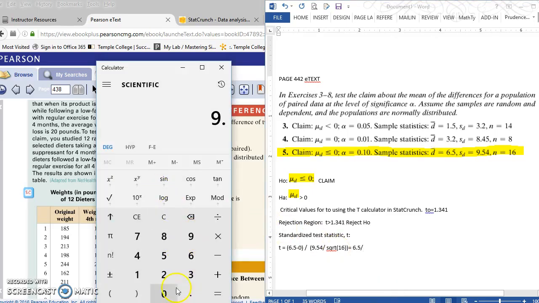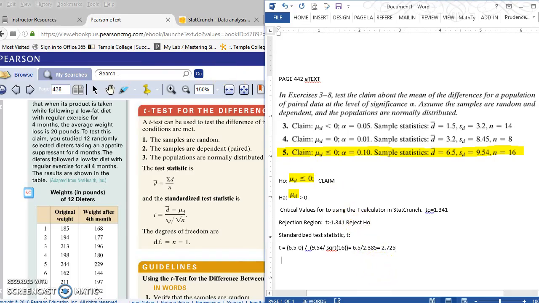It's 9.54 divided by the square root of 16, then equal, and you get 2.385. Well, I'm going to clear that, and I'm going to take my 6.5, my numerator, and divide that by 2.385, and I get 2.7253, so 2.725 to 3 decimal places.